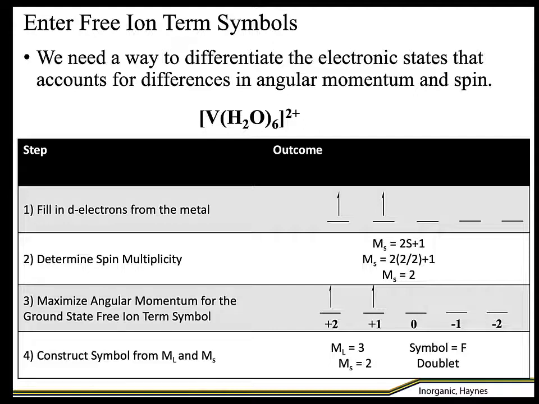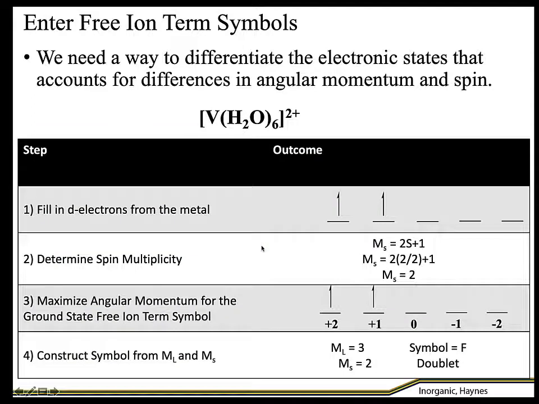So for a d2 metal, we're going to follow the same 4-step process for any given d configuration. So the first thing we have to do is put those electrons into our d orbitals on the metal. So we have 2 electrons. That means that they can both be spin aligned in different d orbitals. We then would determine the total spin multiplicity, which in this case is actually not 2, as it's written on the slide.